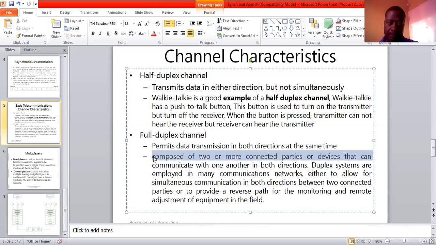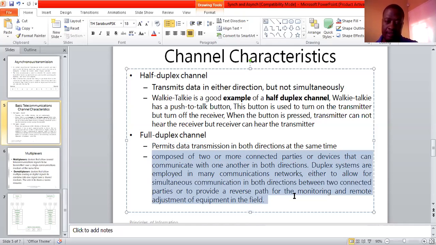A full duplex system is composed of two or more connected parties or devices that can communicate with one another in both directions. So you've got two parties, and they communicate with one another in both directions. I say it, you listen, then you respond to what I've said.